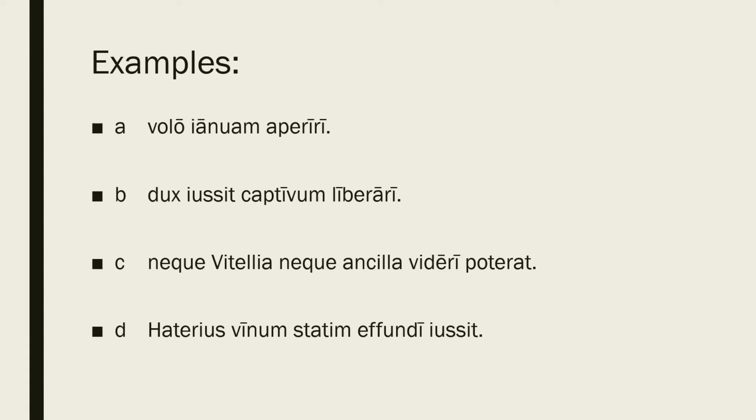Now let's look at some examples. In each sentence we have a passive infinitive. So to be verbed. That's how you're going to translate. Remember, let's put that at the top: to be verbed.